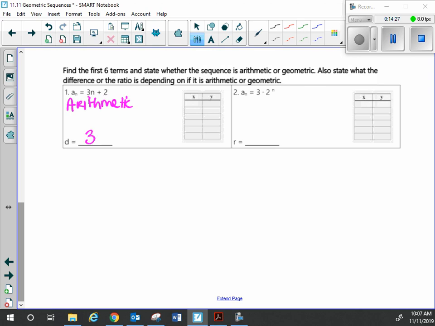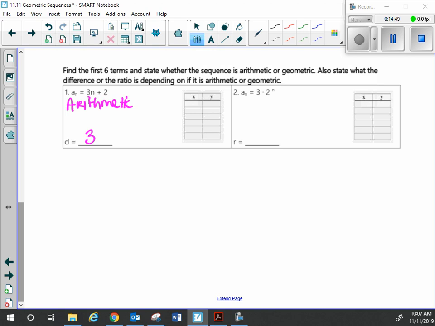The multiplier is your common difference. What's your first term? Okay, time out. This is not the expanded form. That is slope-intercept form. So if I want to find my first term, what do I need to do?